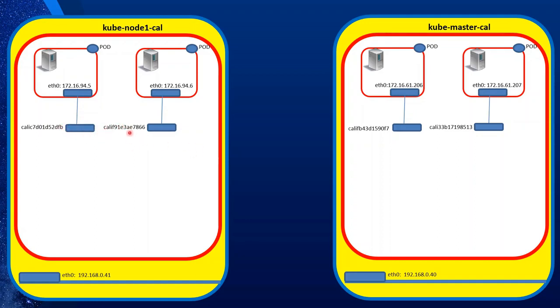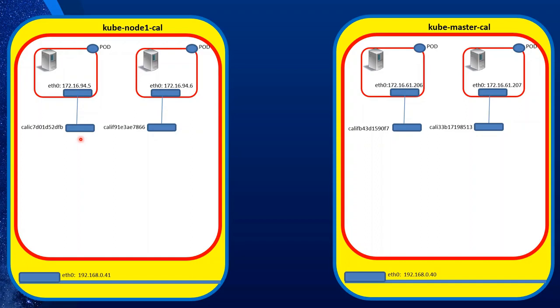So as you can see, all of these 4 pods have 4 interfaces with IP addresses, and each veth has its counterpart on the server.